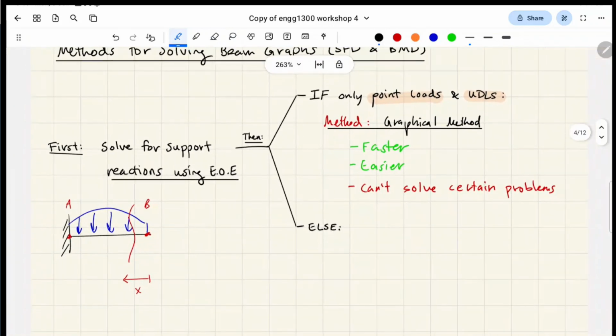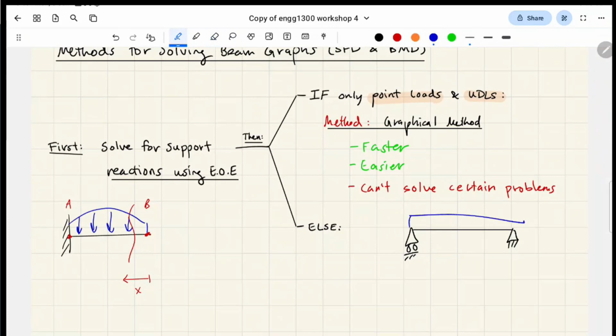In what I was describing before in the quizzes, we have that simply supported beam. Just for fun, we'll swap it: normally I draw the pinned support on the left and roller on the right, but here that's a roller, whatever. And then we have our UDL like that.